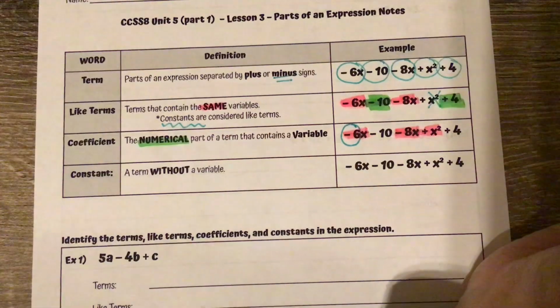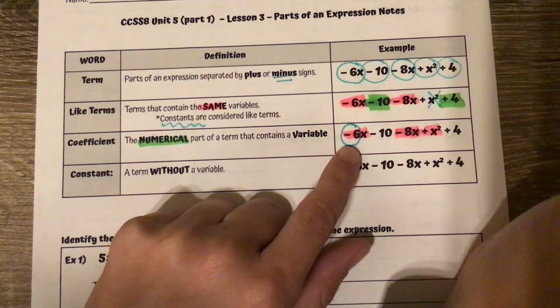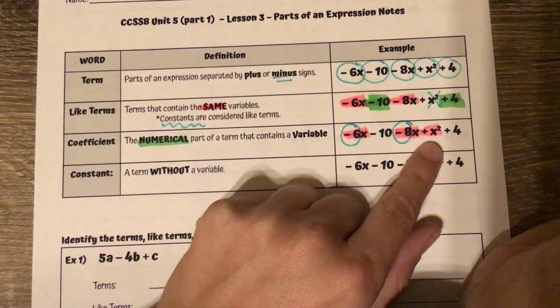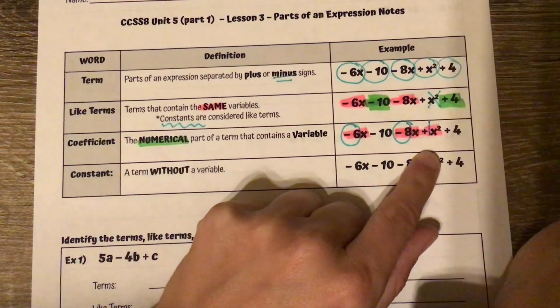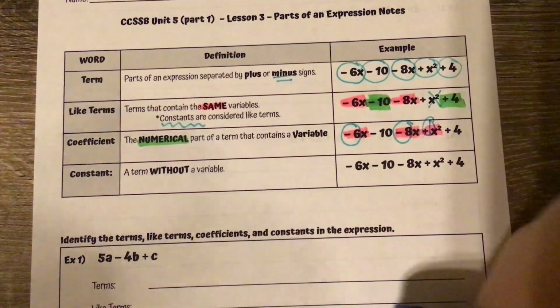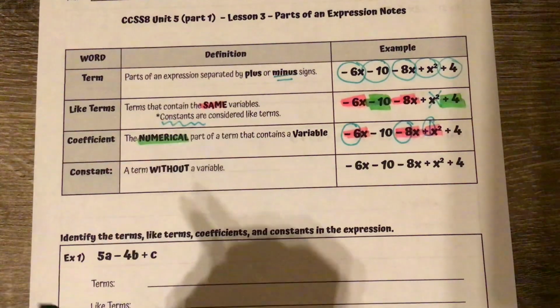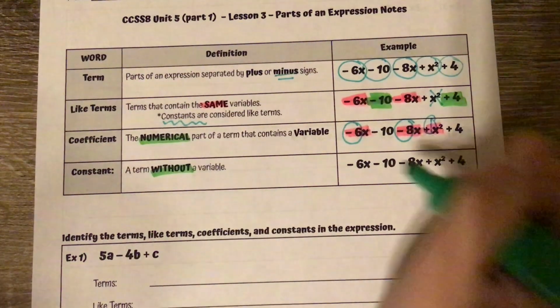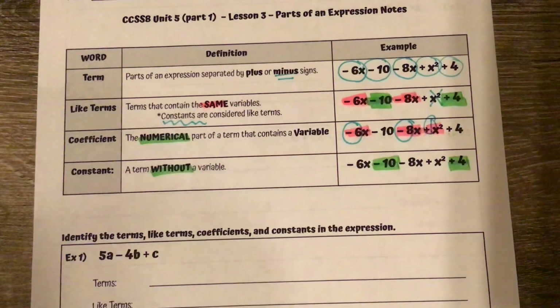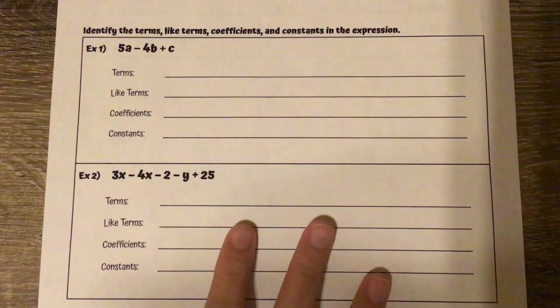And again, be careful with the negatives. -6, here we have -8, and even though there's no number here, it's not 0, it's 1. There's 1x squared, so 1 is your coefficient. And then your constants are your numbers without a variable. So -10 and +4.